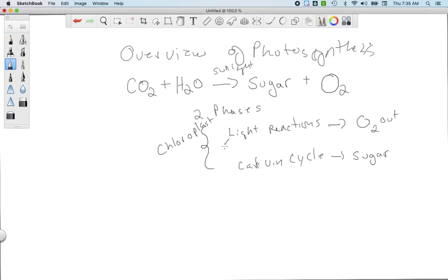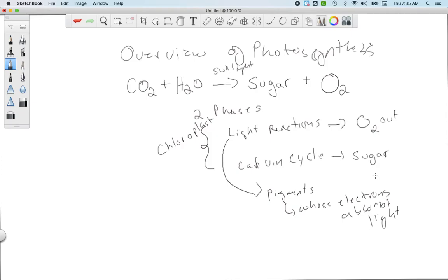The light reactions depend on pigments, and pigments are chemicals whose electrons absorb light.